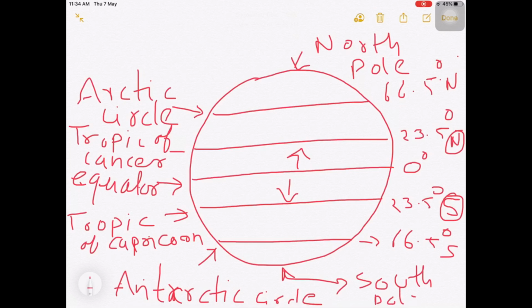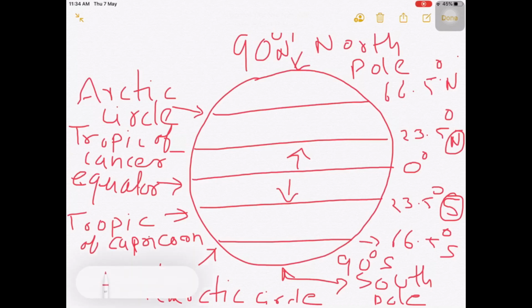Because the North Pole is extreme north, we always write 90 degree north, and for the South Pole we write 90 degree south. So this is the complete diagram of latitude lines. These are the important latitudes we need to draw.